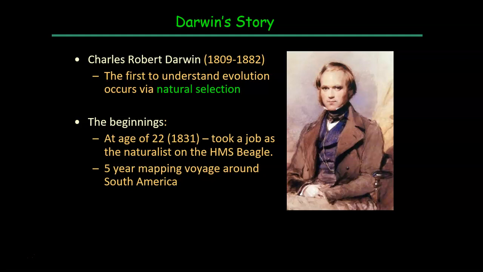And the Beagle was on a 5-year mission to explore South America's coastline and to map it. This is all part of the glorious age of the British Empire, figuring out which areas of the world to plunder and exploit. And Darwin was there to gather information about biology that might be of use to his home country.